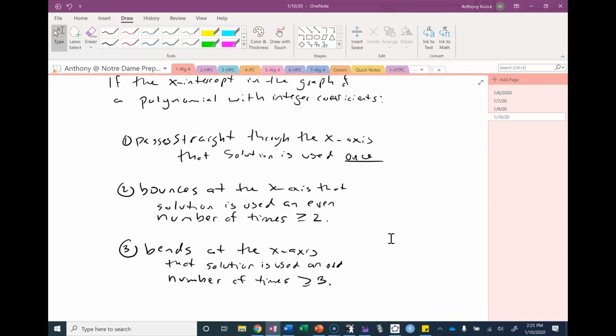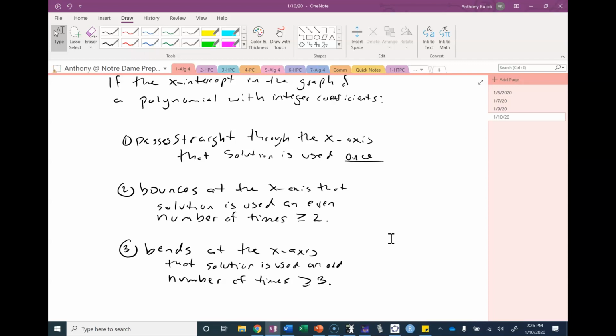How do we find that number? It's the same as the degree. And for a bend, that solution could be used an odd number of times greater than or equal to 3. So 3 times, 5 times, 7 times, etc. And that's capped by the fundamental theorem of algebra.